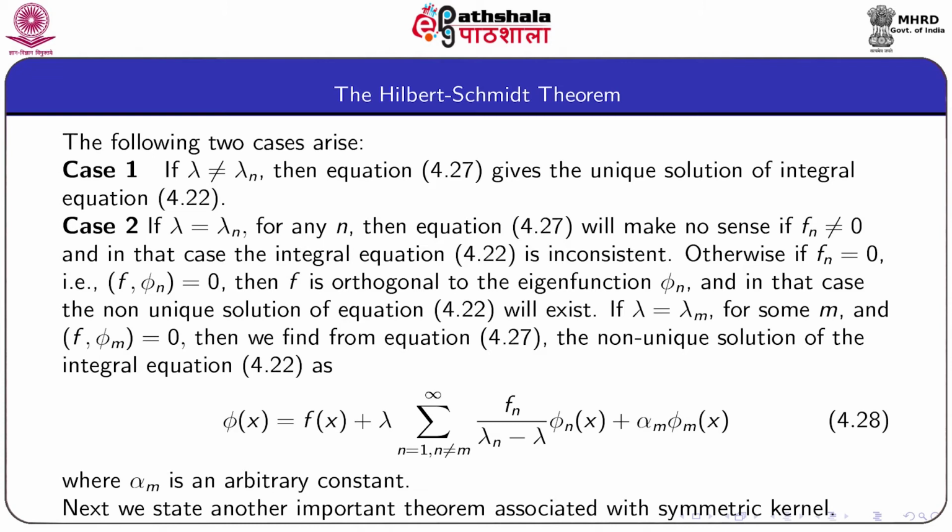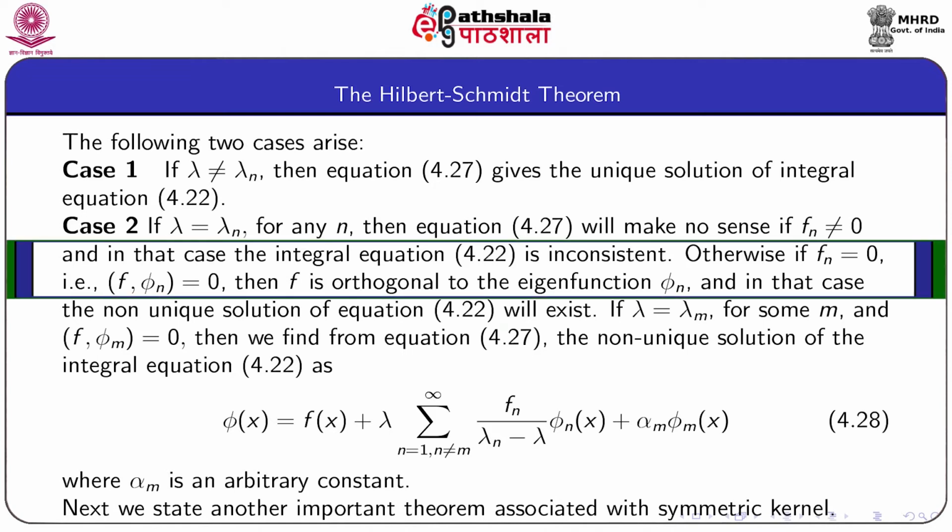But in the second case, that is case 2, if lambda is equal to lambda n in the equation 4.17, then the equation 4.17 will make no sense if f n is not equal to 0. In that case, the integral equation is inconsistent.